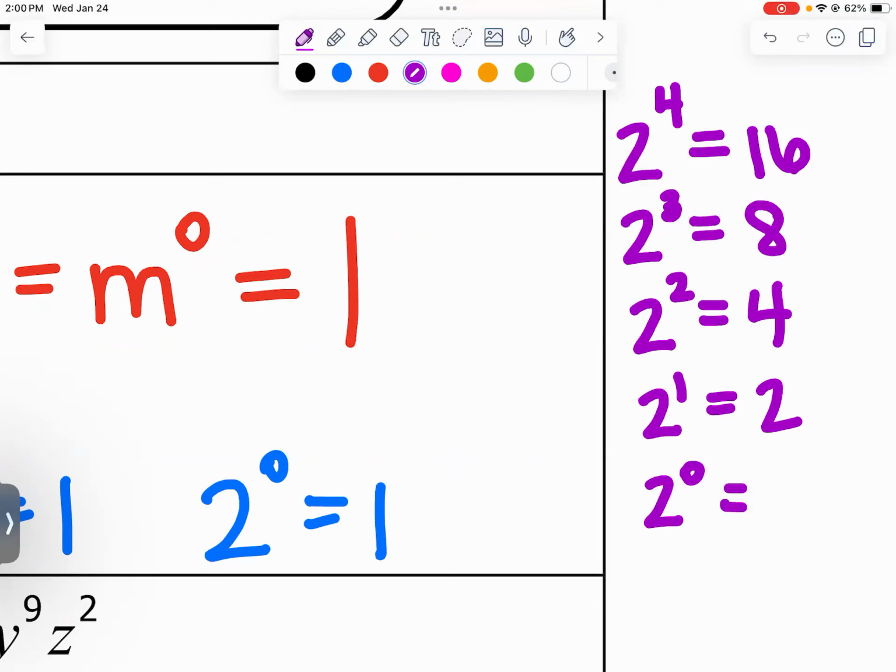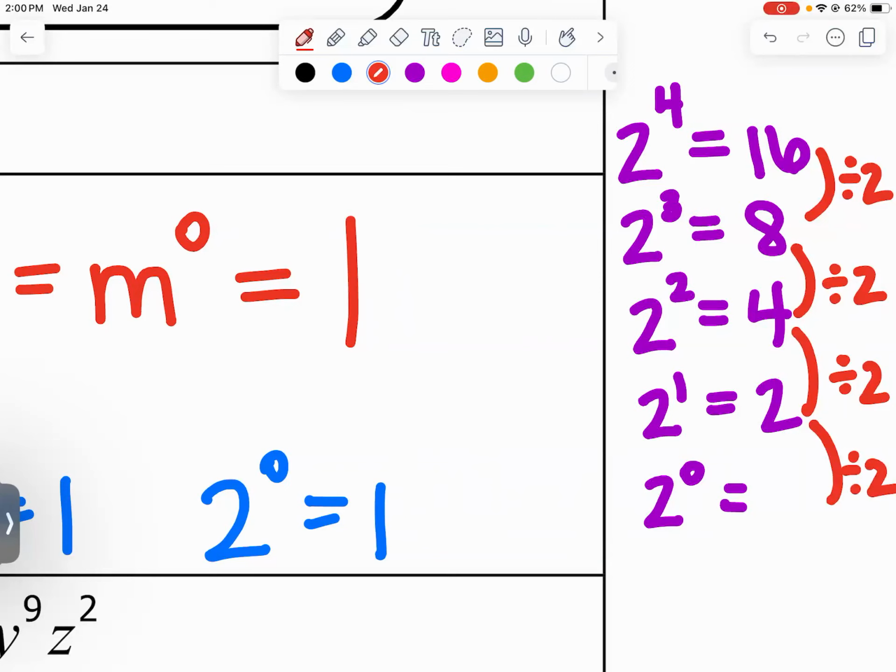So if we follow this pattern down, to get from 2 to the 4th to 2 to the 3rd, what do we do? We would have to divide by 2, right? To get from 2 to the 3rd to 2 squared, we divide by 2. To get from 2 squared to 2 to the 1st, we divide by 2. So what should we do to get to 2 to the 0? And when we divide by 2, we get 1.